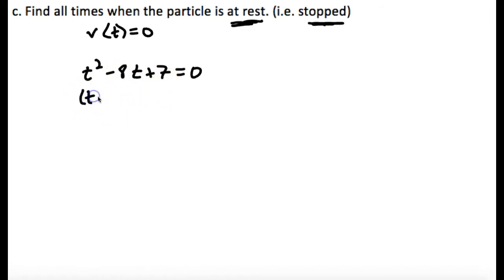So I think negative 7 and negative 1 make this factor nicely. So setting both of these equal to 0, we would get t equals 7 and t equals 1. So there are two instances when this particle is at rest, after 1 second and after 7 seconds.